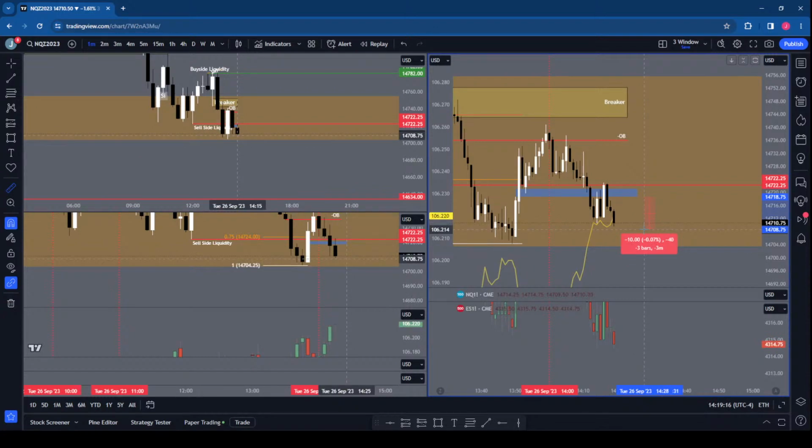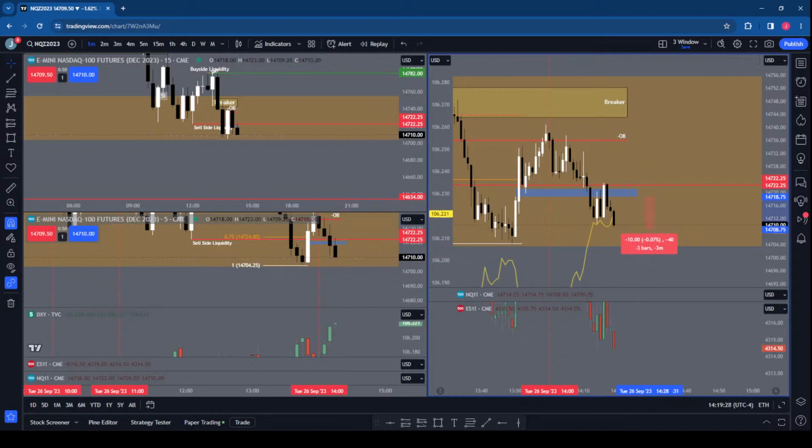Okay, so there was, keep my cursor there for a moment. The dollar's still going up too, so the fact that the dollar's going higher, we can expect some more downside as long as that's continuing.